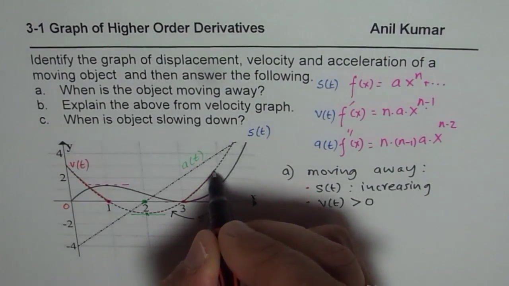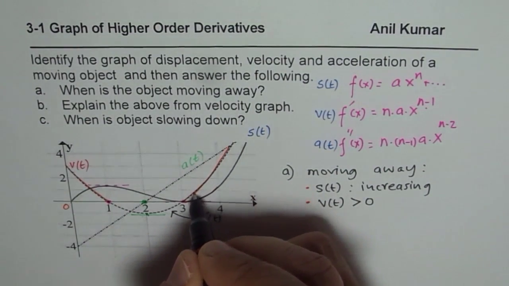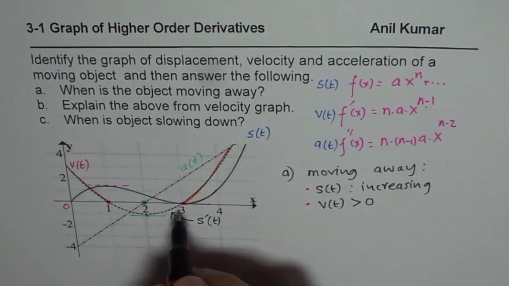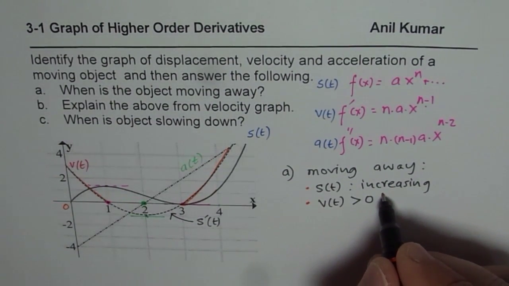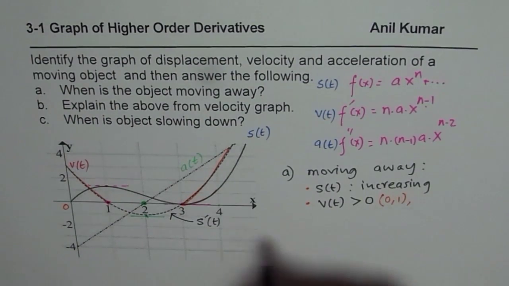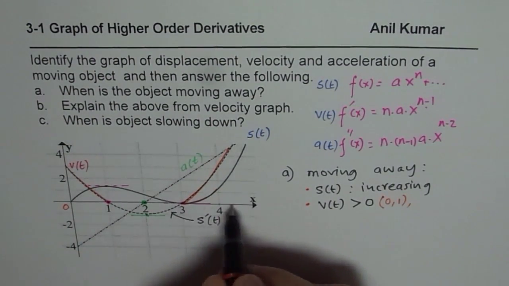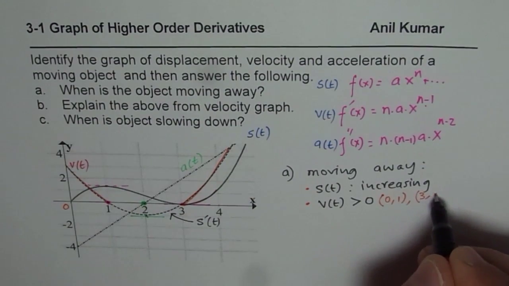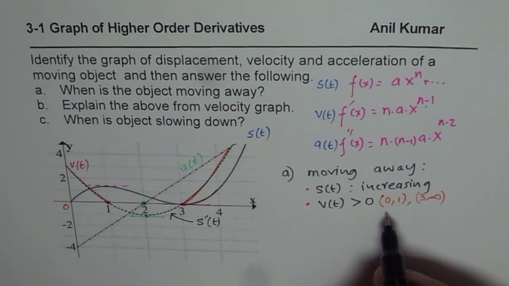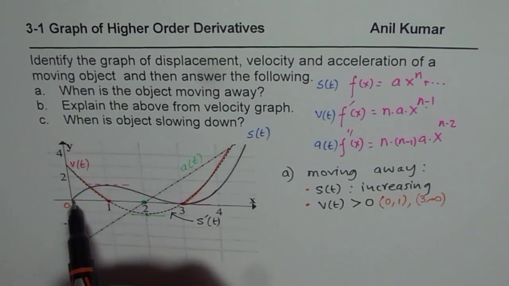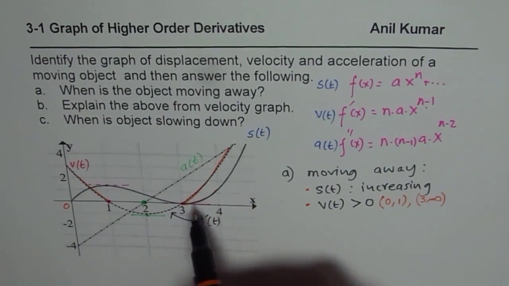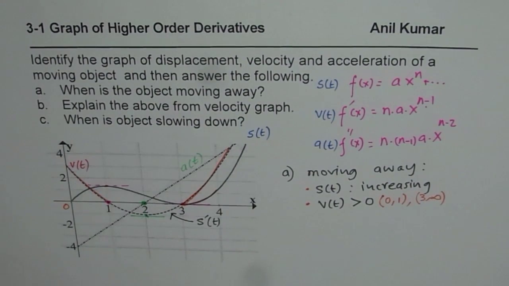So we find that the velocity graph is positive from 0 to 1, and from 3 onwards, right? So you can say 3 to infinity. So it is positive, increasing. You will find that the displacement is increasing, right? And then decreasing and further increasing. So both give us the same answer.